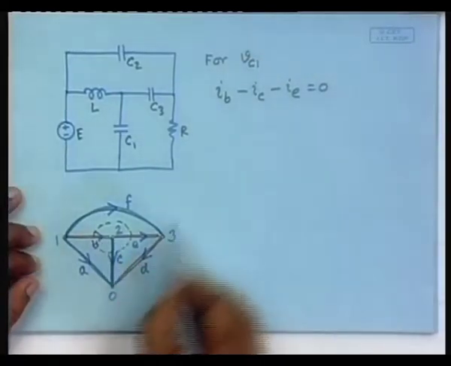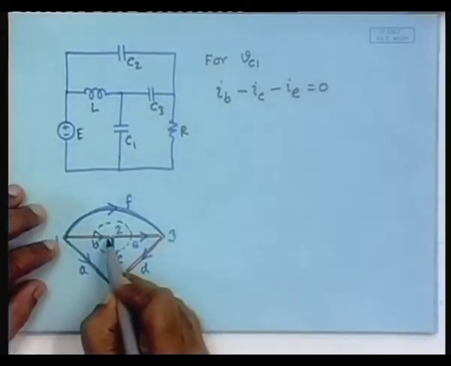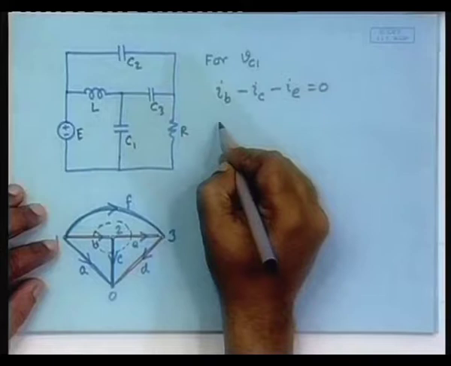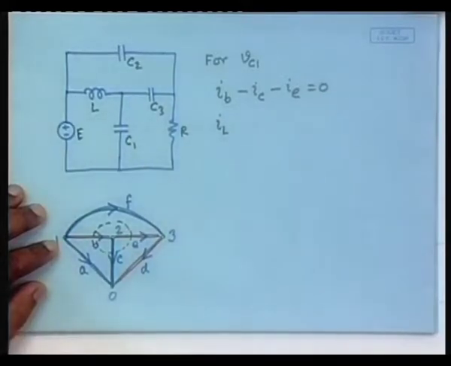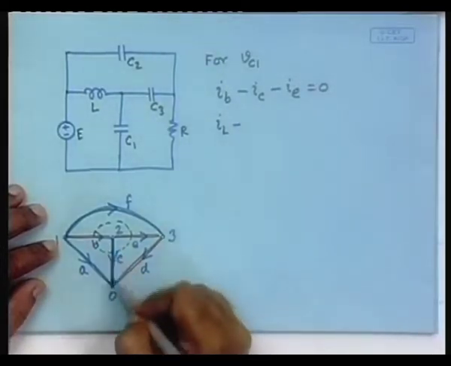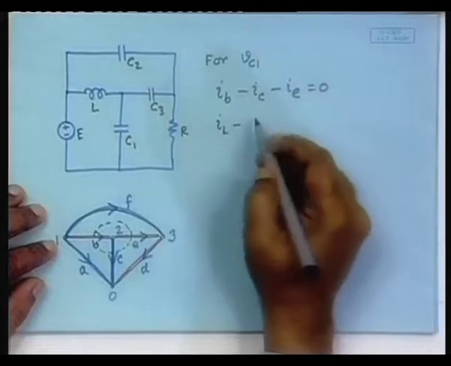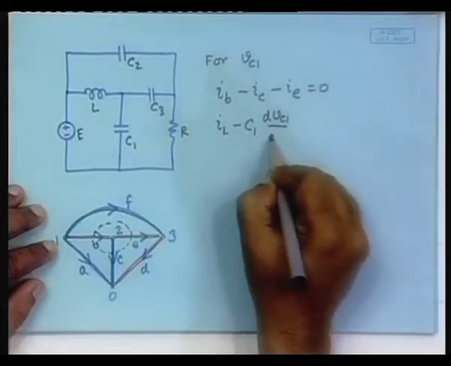Notice the directions accordingly we have put it. Now, IB is what? IB is IL. Okay. IC was C dV/dt, C1 dVC1/dt.